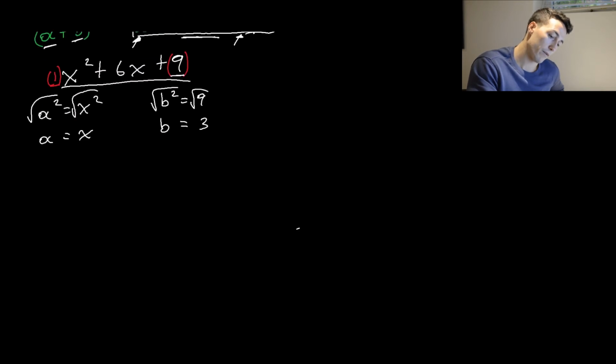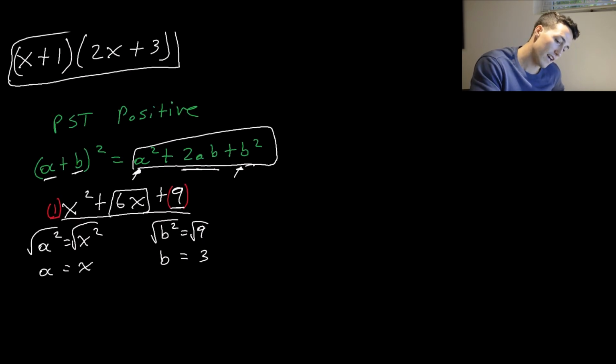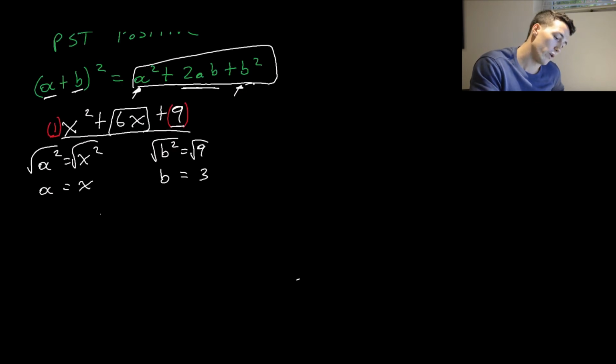And now I'm going to check to see if our middle term here, this 6x, matches 2ab. So we have our a term, which is x. So a is equal to x, and b is equal to 3.